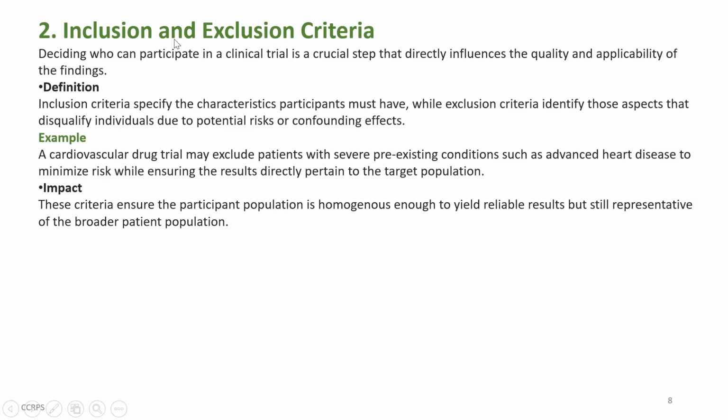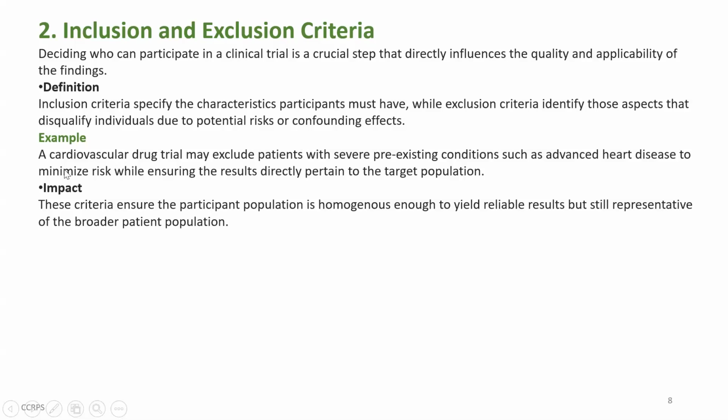Another key point here: inclusion and exclusion criteria. Deciding who can participate in a clinical trial is a crucial step that directly influences the quality and applicability of the findings. Definition: inclusion criteria specify the characteristics participants must have, while exclusion criteria identify those aspects that disqualify individuals due to potential risks or confounding effects.